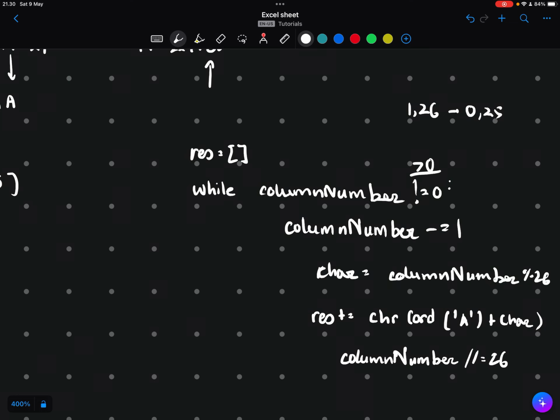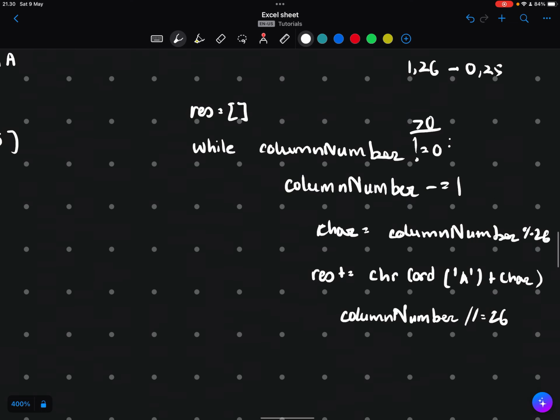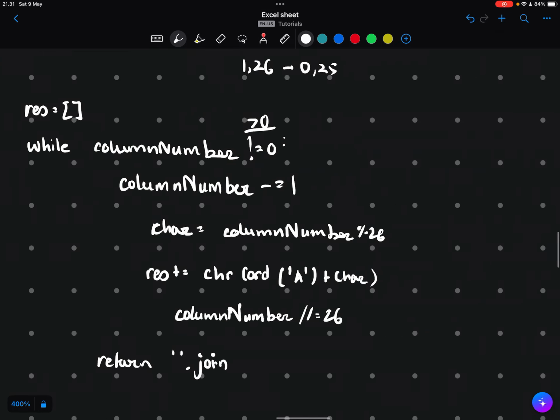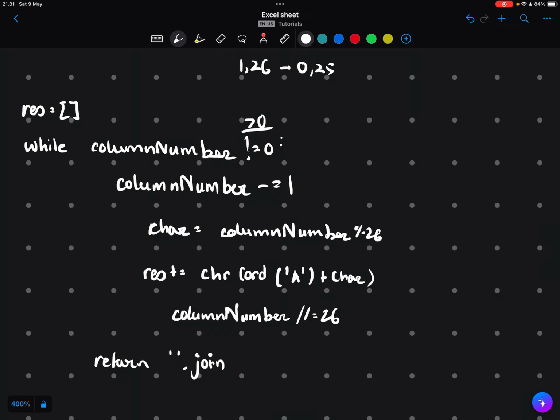And we will do this repeated floor division on it. Okay, before I explain the result, I'll actually show you what this code is actually doing.